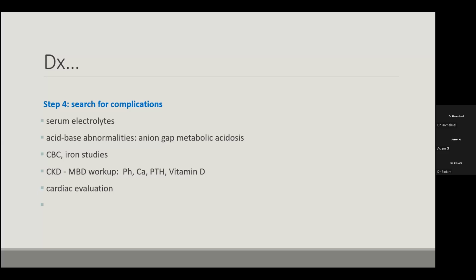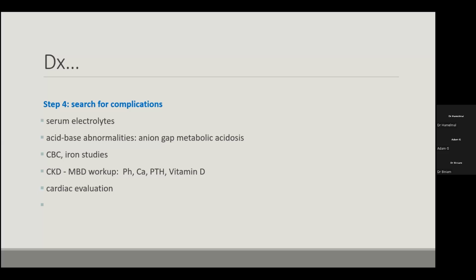The other is mineral bone disease workup. We don't see a lot of actual bone abnormalities in patients with CKD because most patients are treated early, before renal osteodystrophy occurs. But unfortunately, we see a lot of renal osteodystrophy in pediatric patients who have started dialysis early and have been on treatment. Despite treatment, these patients develop bone abnormalities.